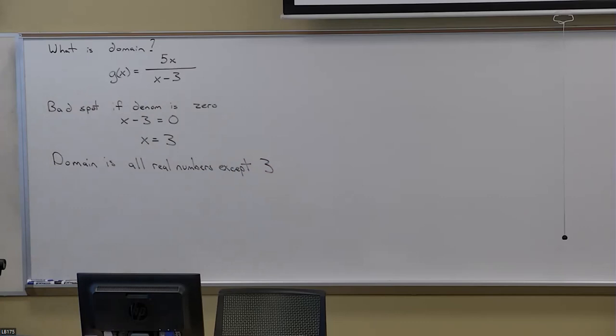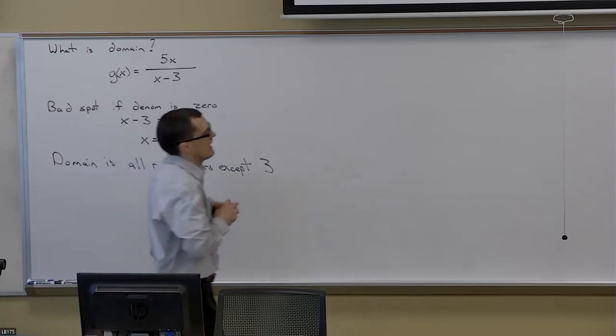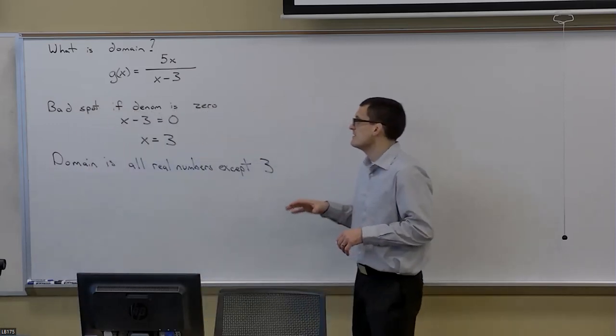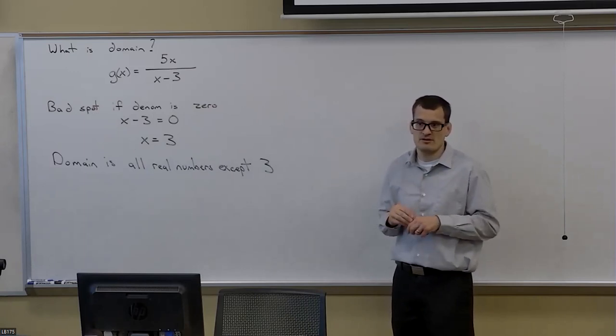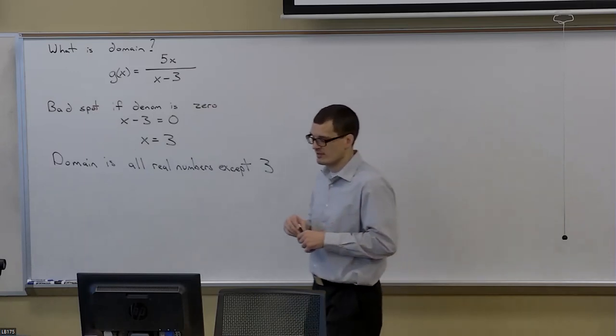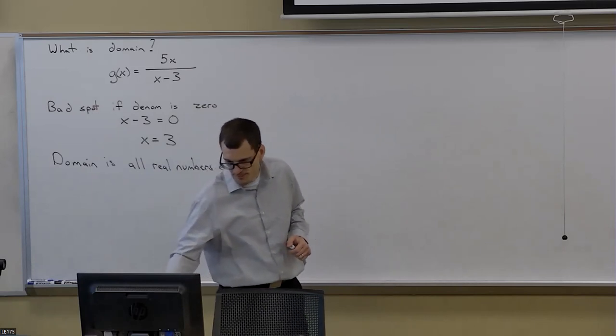There's a lot of different phrasings, but it's everything except 3. And we saw last time that these types of situations give us that asymptote. That's what we saw at the very end of last class.